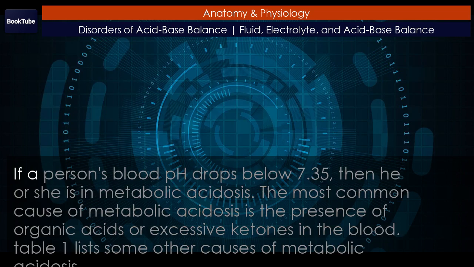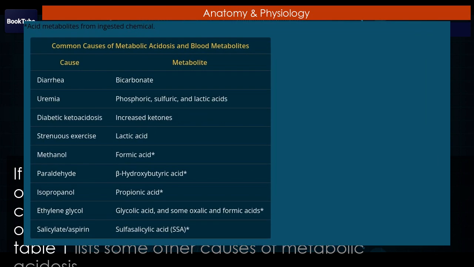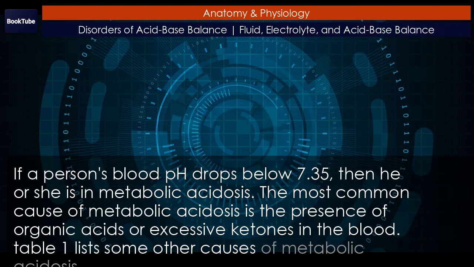If a person's blood pH drops below 7.35, then he or she is in metabolic acidosis. The most common cause of metabolic acidosis is the presence of organic acids or excessive ketones in the blood. Table 1 lists some other causes of metabolic acidosis.